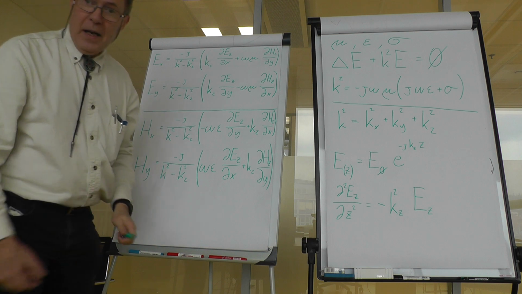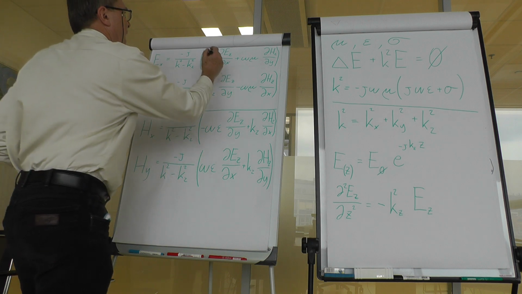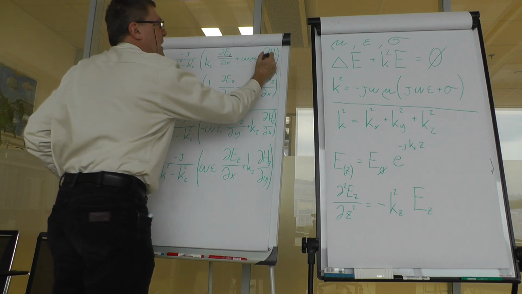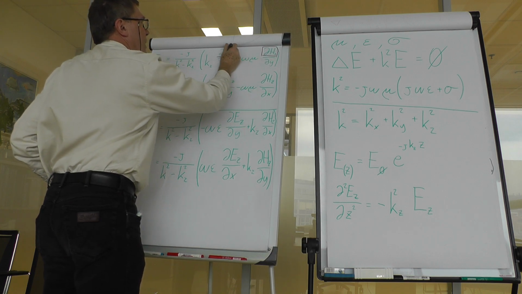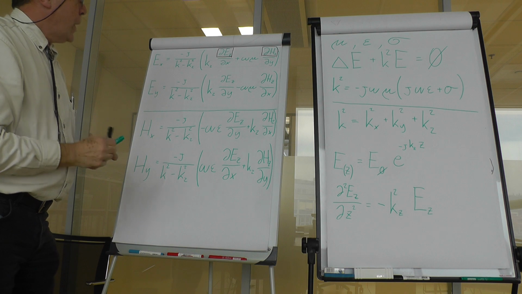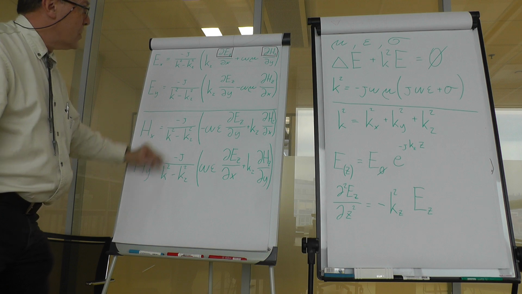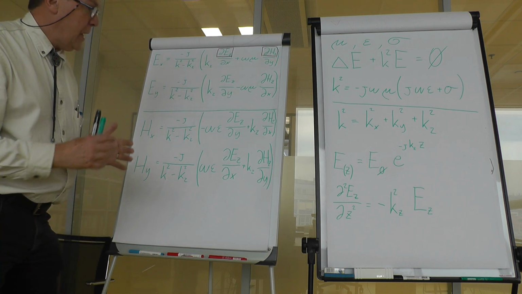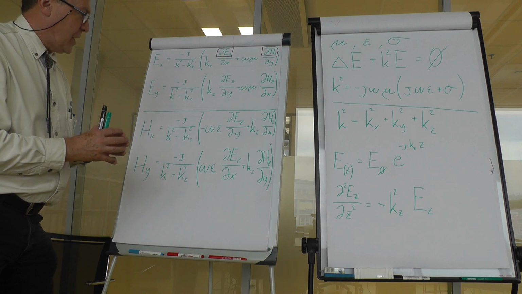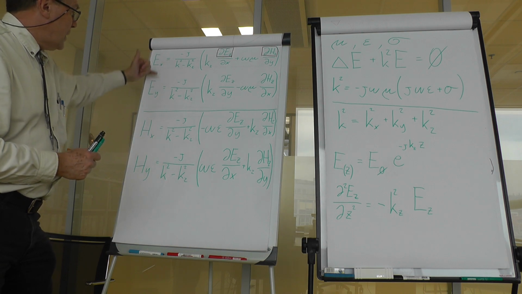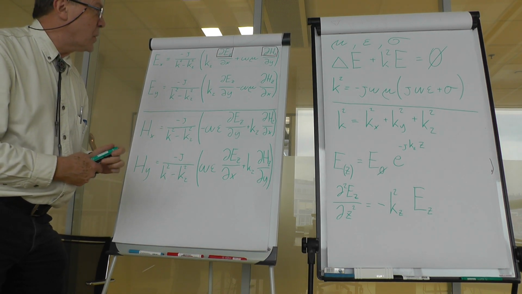So if we get 2 components, in this case the electric field strength in the z direction and the magnetic intensity in the z direction, in principle we can relate all other components of the field to those 2 ones. So, in fact, we have a set of equations that can give us all other components based on those 2 components we will find out.